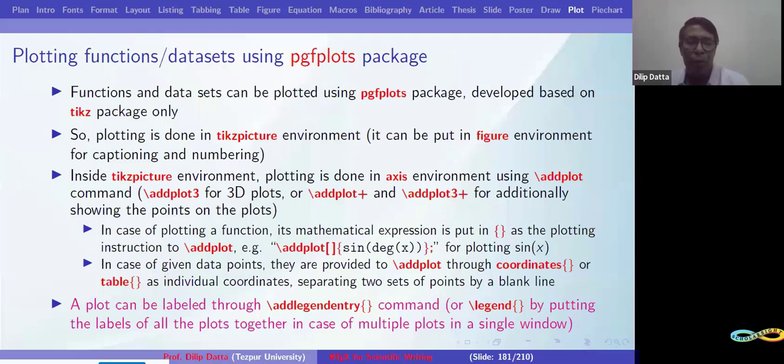Moreover, you can put a legend also through this command. Say addlegendentry. What will be the legend of this? And if you use multiple plots in the same window, then you can simply use the legend command. Defined legends will be separated by commas.